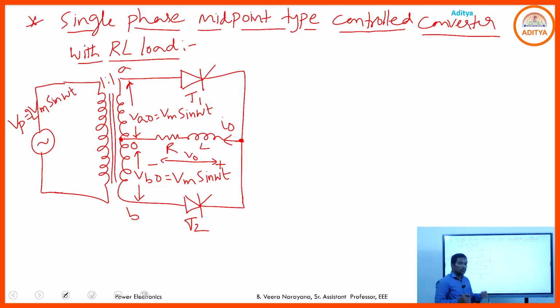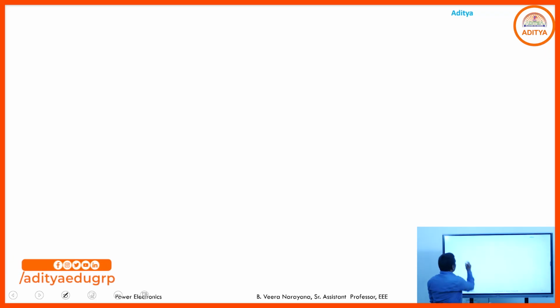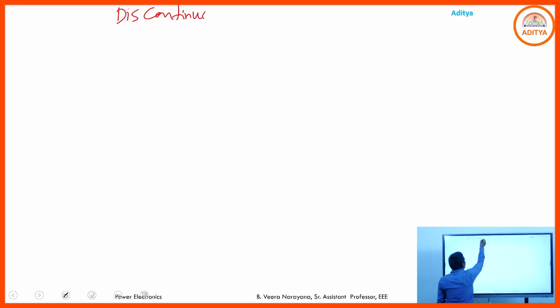In this class, we go with the discontinuous conduction mode of this midpoint type control converter with RL load. We get the discontinuous conduction mode for a low value of the inductor.